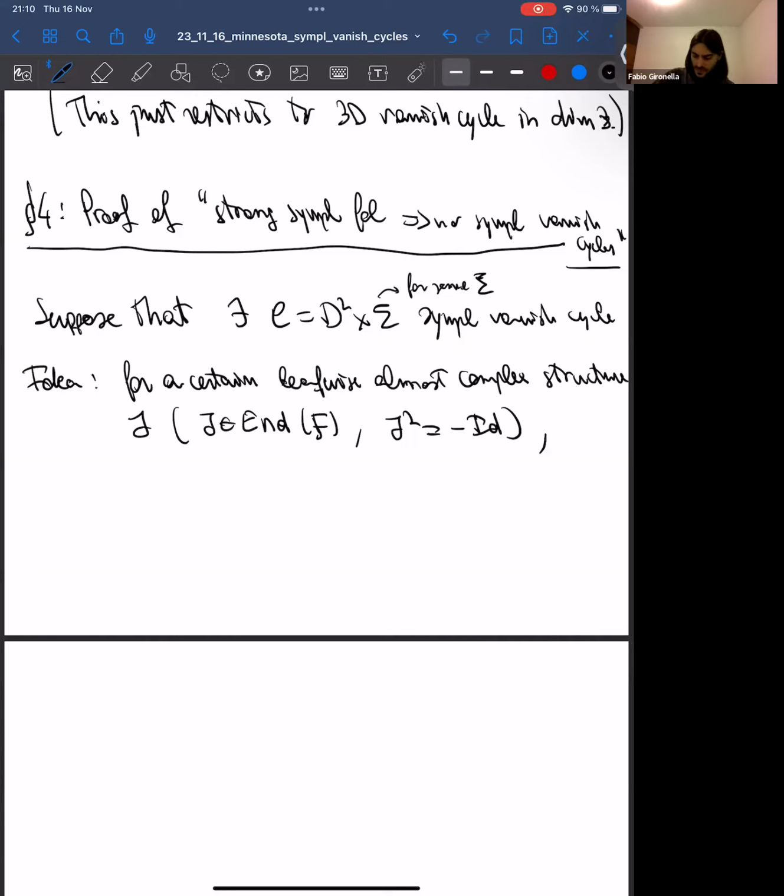This needs to be tamed by the leafwise omega, meaning that omega evaluated on JV and V needs to be positive for every V in this vector bundle minus the zero section.